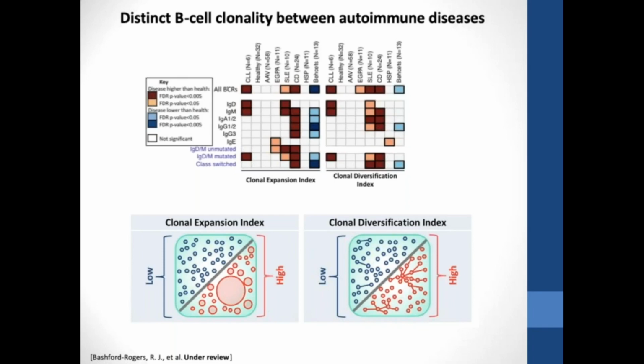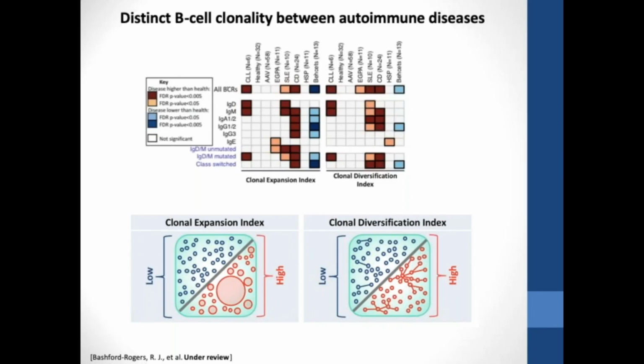And we can see that we have some strongly increased clonal expansion indices in EGPA, lupus, and Crohn's. And we split it up, of course, according to isotype as well, to give us an idea about the isotype-specific contributions. One thing to note here is that we've also done this according to a subsampling method that accounts for any differences in isotype frequencies.